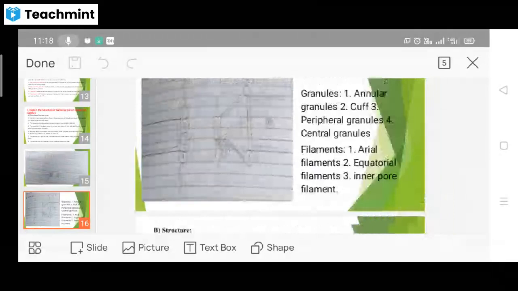In the granules there are four different parts: annular granules, cuff, third the peripheral granules, and fourth the central granules. You can see the numbering in the figure. One is the annular granules, then second is the cuff, then the ones at the side are the peripheral granules, and the one present at the center is the central granules.